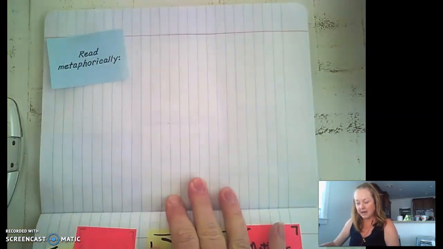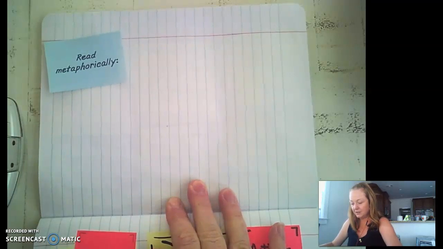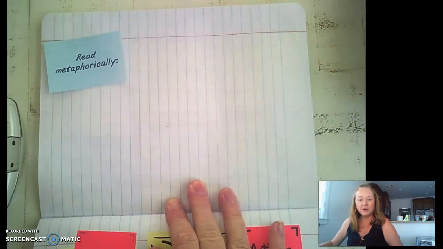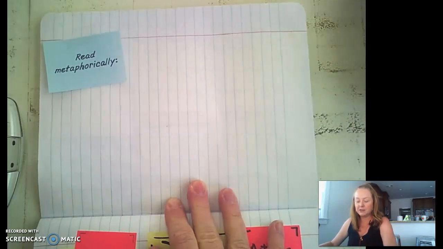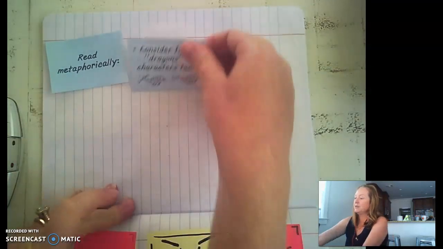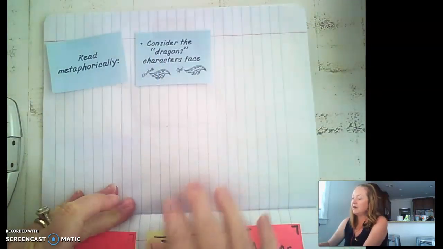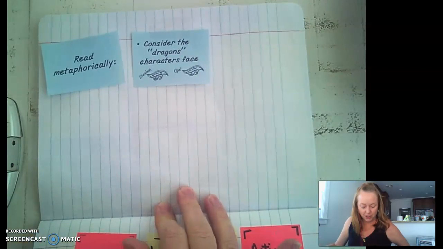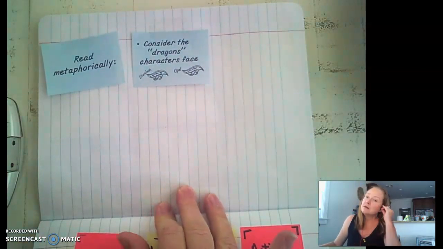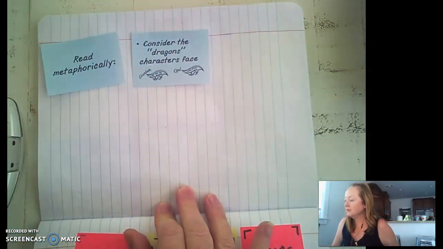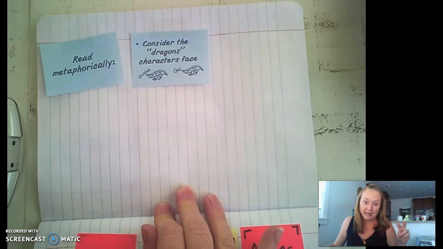And we did that first when we talked about those dragons that characters face. Not the literal dragons in fantasy stories, but the dragons that you can face in any genre of a story. Any obstacle can be a dragon.